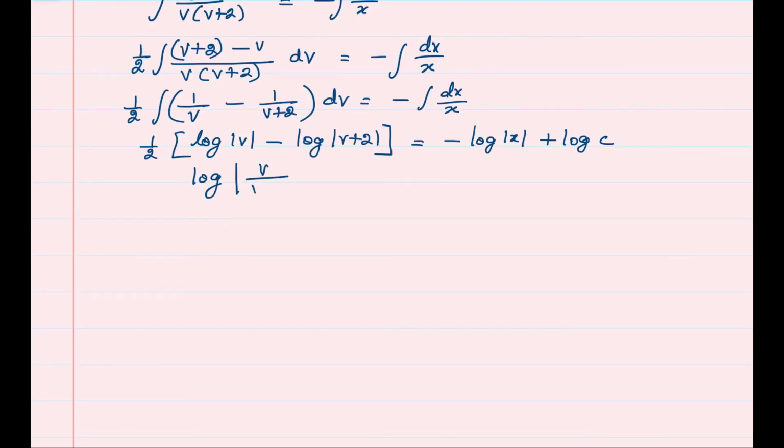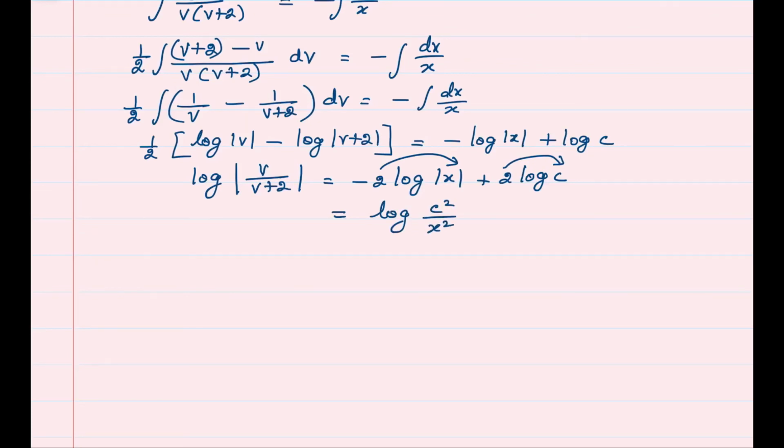We will multiply by 2 and combine these two log terms. log of v divided by (v plus 2) equal to minus 2 times log of x plus 2 times log c. We will take these numbers as powers. We get log of c square divided by x square. We will cancel the log functions. v by (v plus 2) is c square by x square.